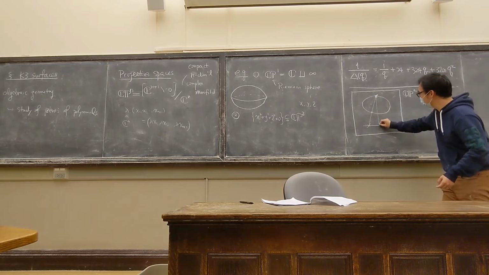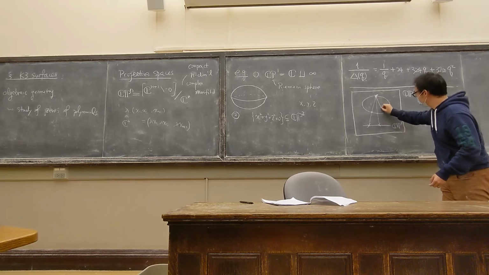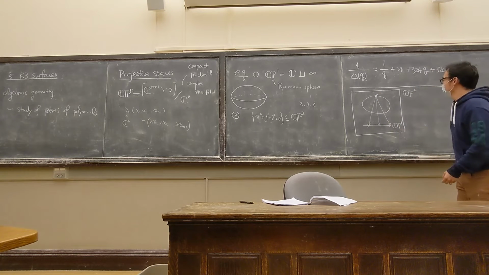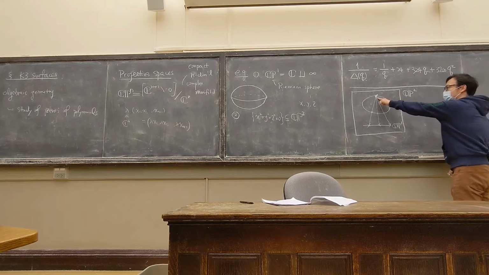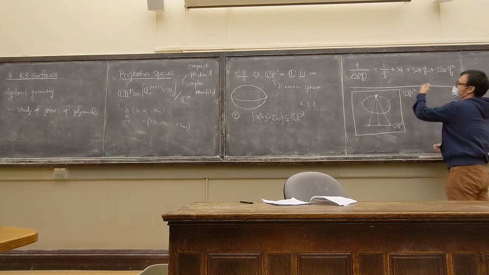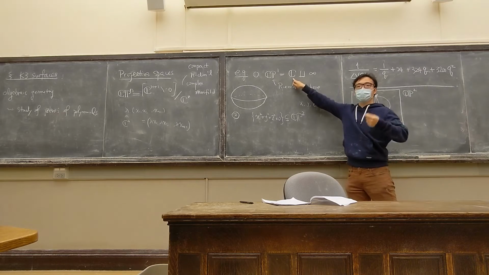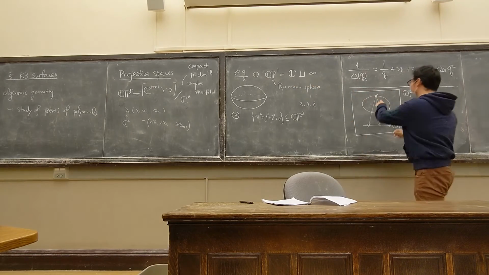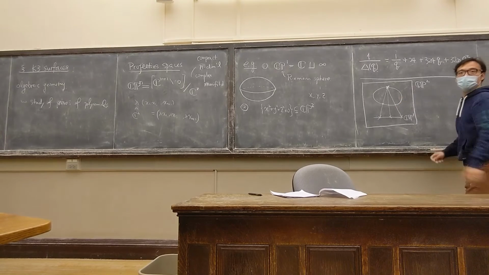And you keep doing this. You might be wondering what this point corresponds to, but CP1 is not only a line of complex numbers, it also has the infinity, so this point will be connected to infinity.